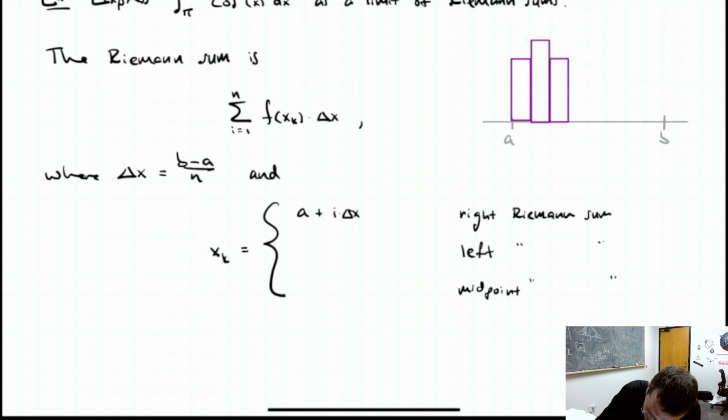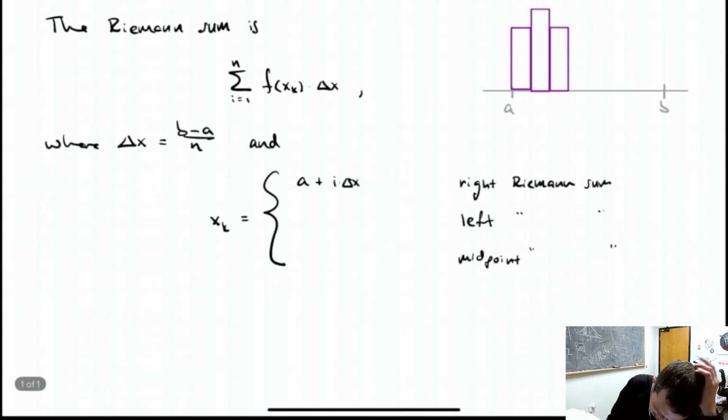And for the second one, it's a plus the width of two rectangles. For the third one, it's a plus the width of three rectangles. So the ith right endpoint is a plus the width of i rectangles.